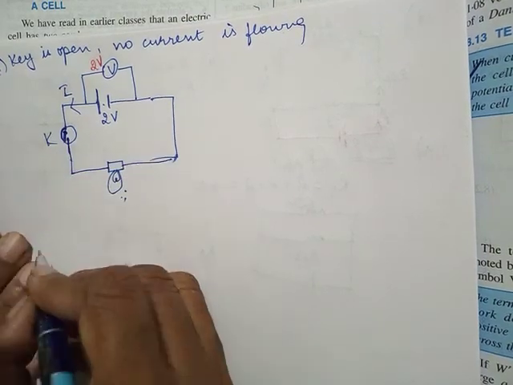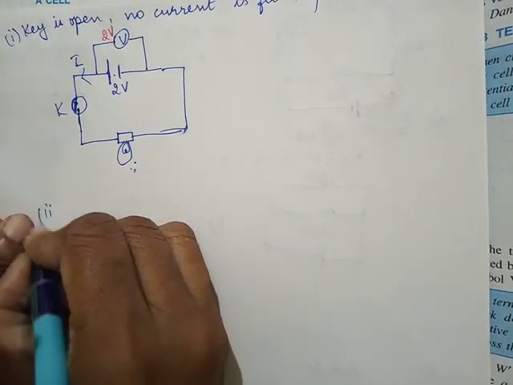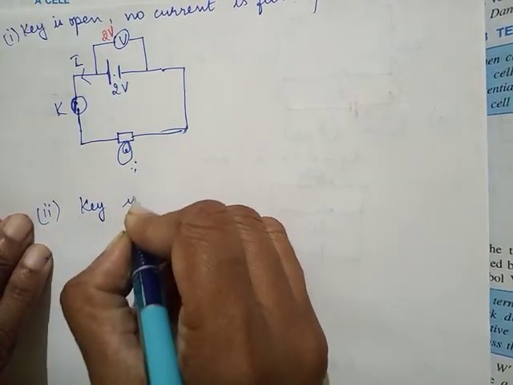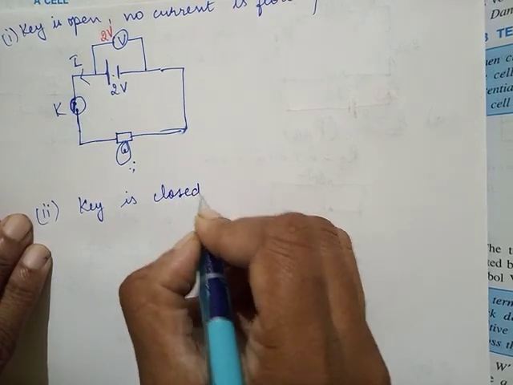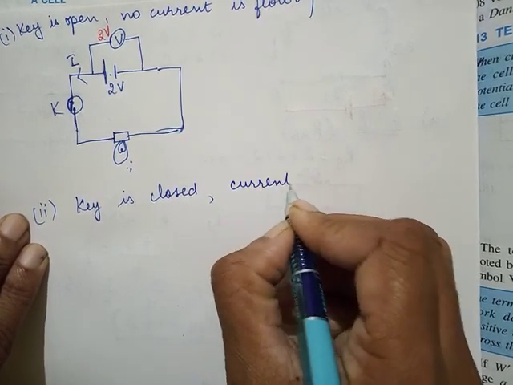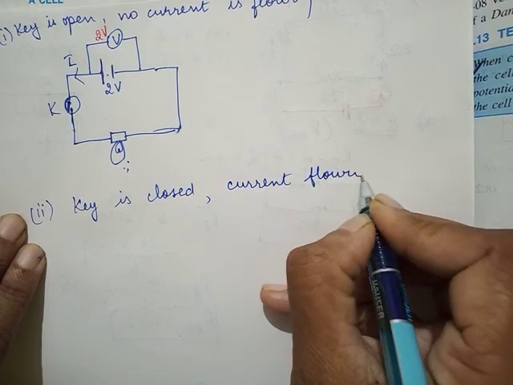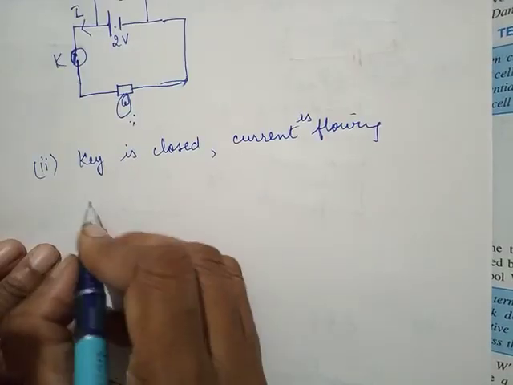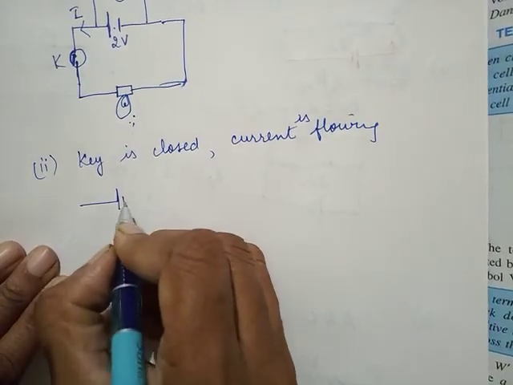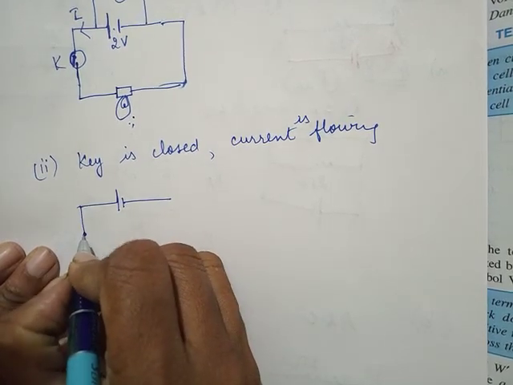Okay, now you close the key. Key is closed and current starts flowing. So the same circuit, but the key is closed.